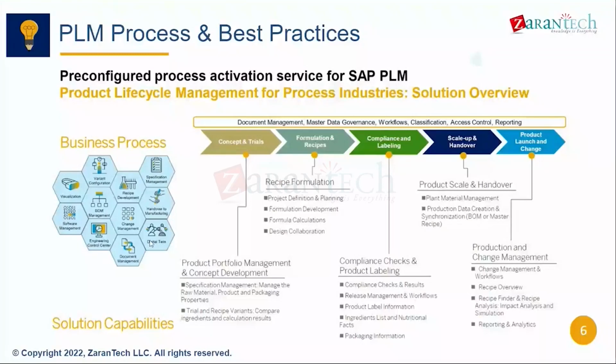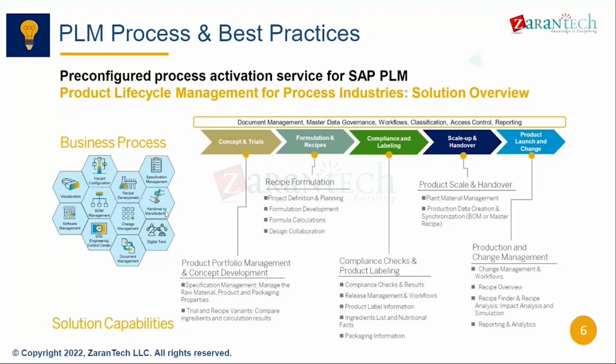Pre-configured process activation is a license which you can ask from SAP. If the customer wants everything ready for SAP PLM for the process industry in the system, you can take the license number and propose it to the customer, and the customer can buy the pre-configured license from SAP.